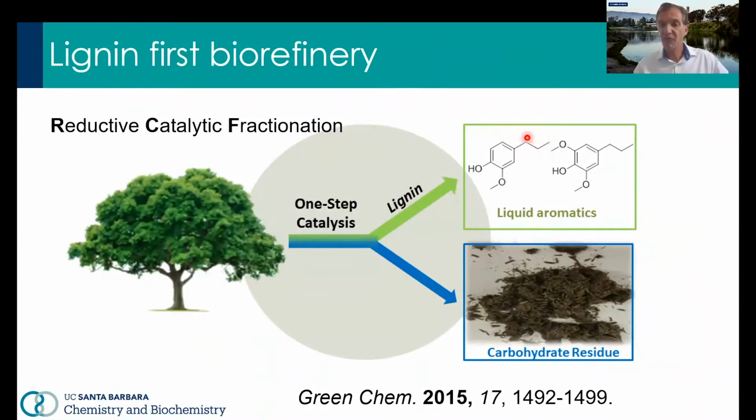But now up front, instead of that lignin liquor being a waste, we could convert lignin to these aromatic molecules, specifically these phenol molecules. For this presentation, I will focus on propylguaiacol and propylsyringol.